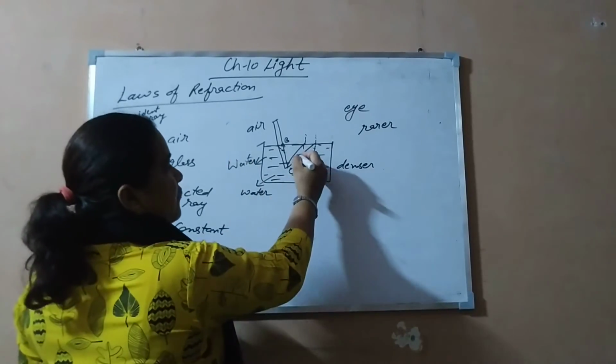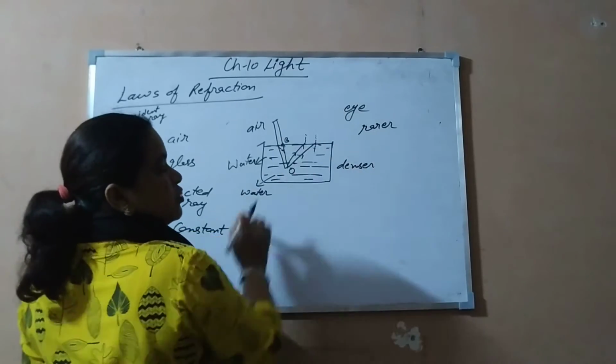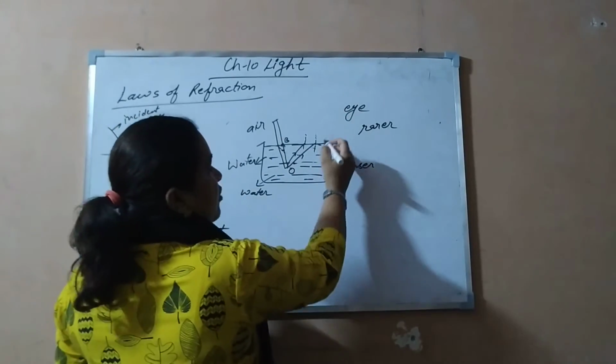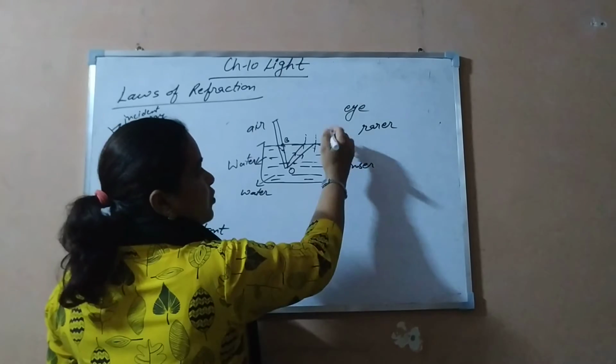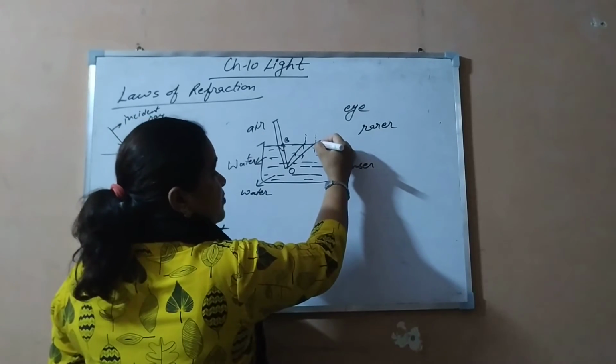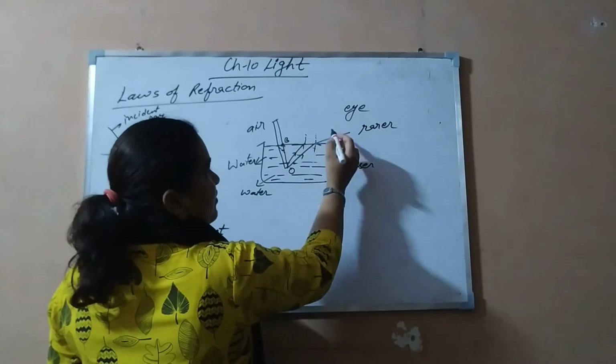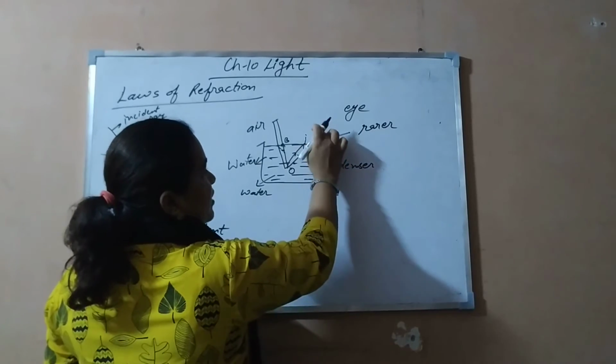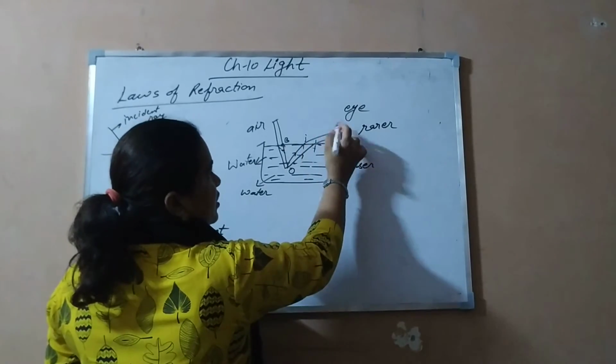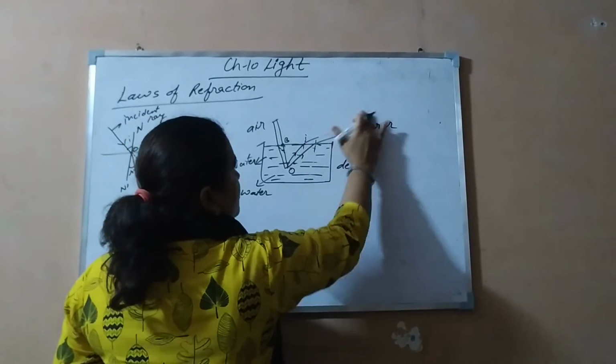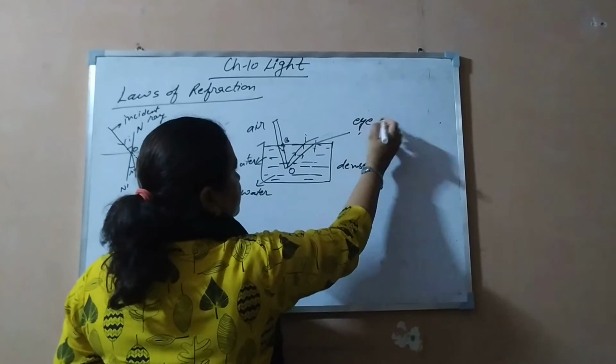When a ray of light comes from point O to the observer at I, it enters from the denser to the rarer medium, so its speed increases and it bends away from the normal. Both rays go away from the normal to the observer who is here.